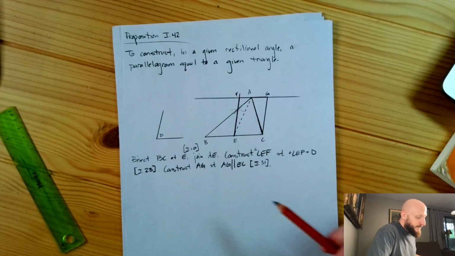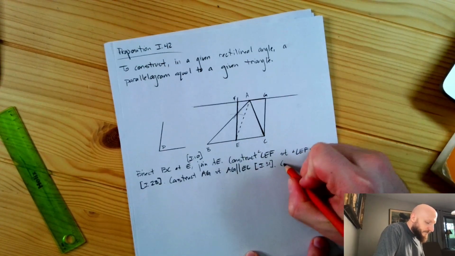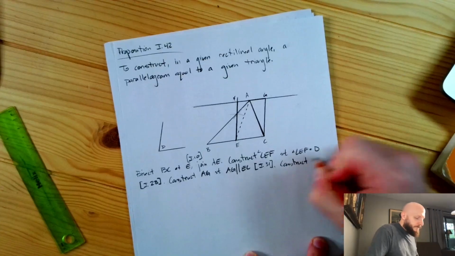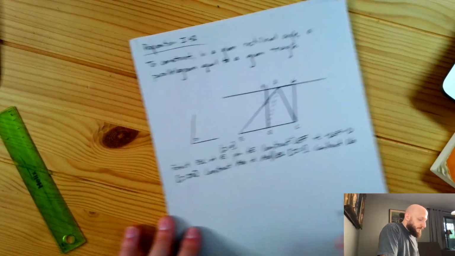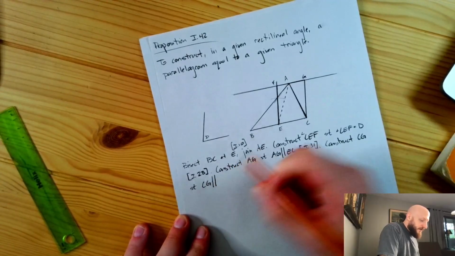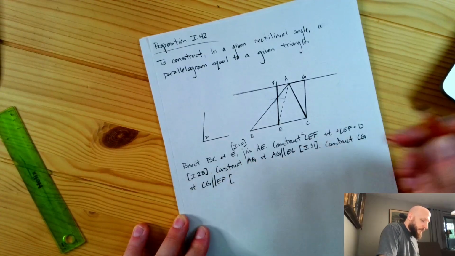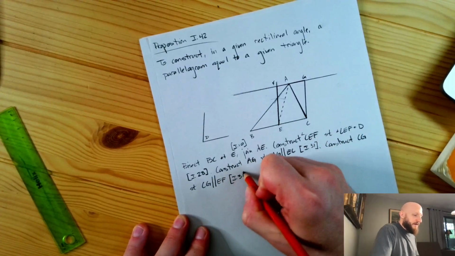Okay, so construct CG such that CG is parallel to EF. And again, that was prop 31 that allows us to have that.